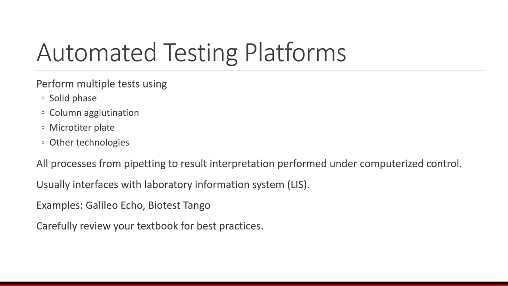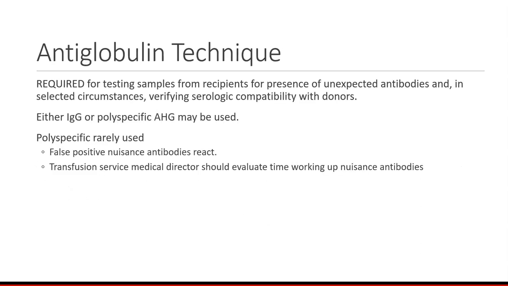The principle: the antiglobulin technique is required for testing samples from recipients for the presence of unexpected antibodies. And again, an unexpected antibody is an antibody other than anti-A or anti-B. And in selected circumstances, verifying serologic compatibility with donors.